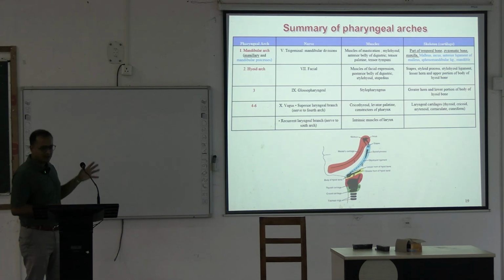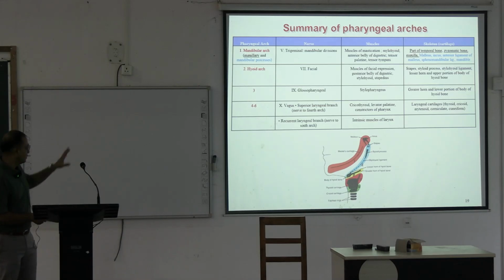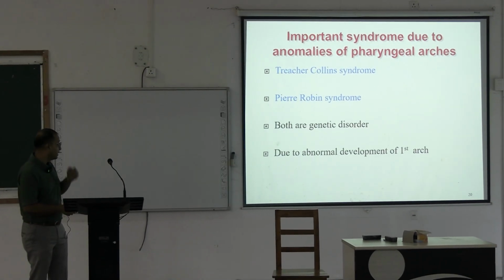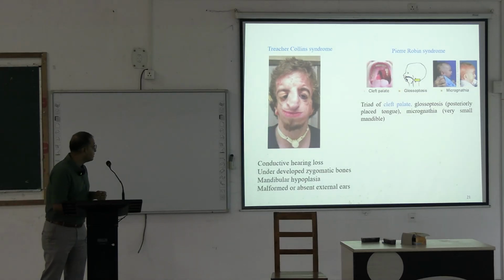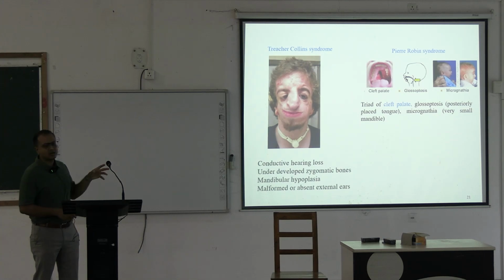And the fourth and sixth arches contribute largely to the laryngeal cartilages, supplied by the branches of the vagus, the superior and the inferior or recurrent laryngeal, and the muscles deriving from them are mostly the muscles of the larynx. So we have to keep this chart in mind. The defects coming from the first arch largely contribute to defects in the mandible.